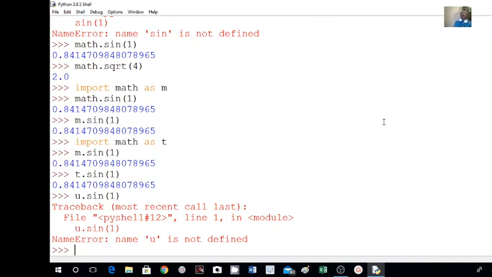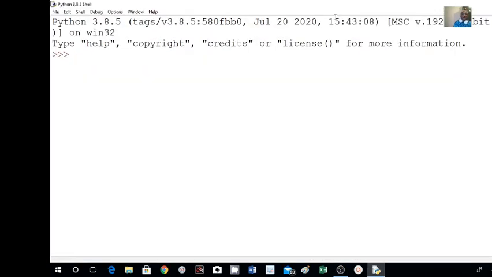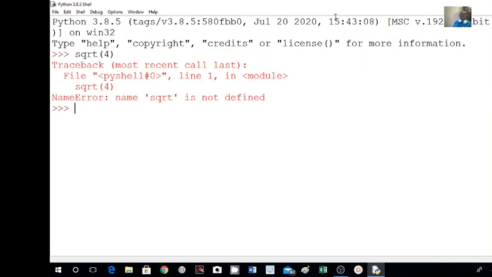Okay, I will close this and open it again. Now here I will write SQRT 4, enter. Again I am getting an error because math is not imported here.